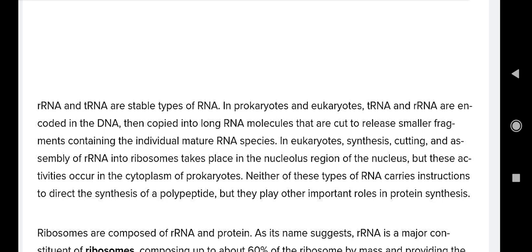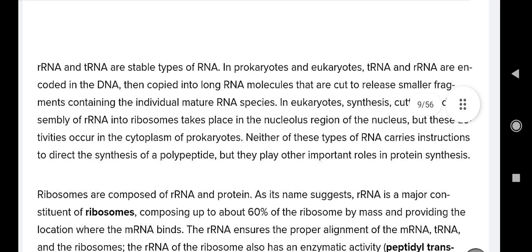So it is saying that in prokaryotes and eukaryotes, these tRNA and rRNA are encoded in the DNA, then they are copied into long RNA molecules, and then cut to release small fragments containing individual mature RNA species.